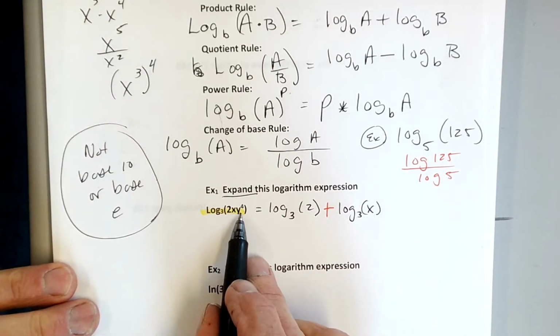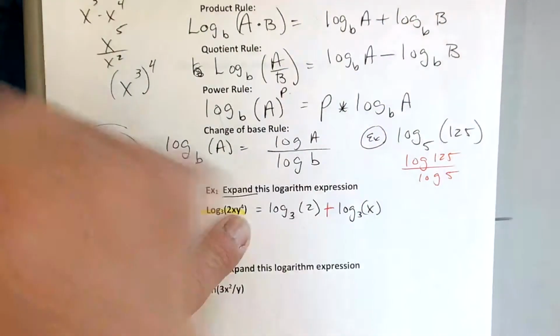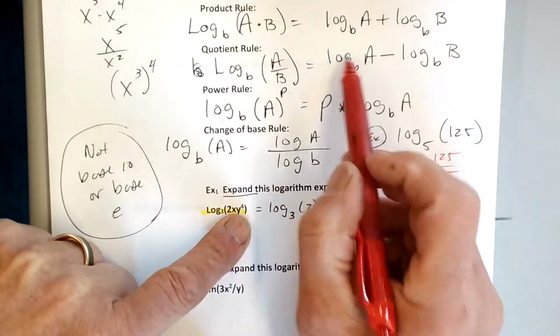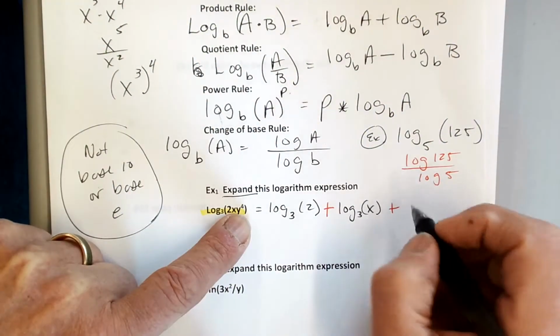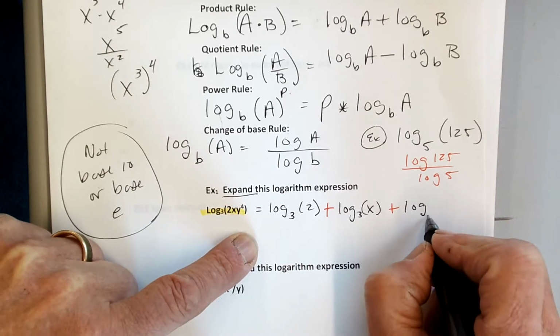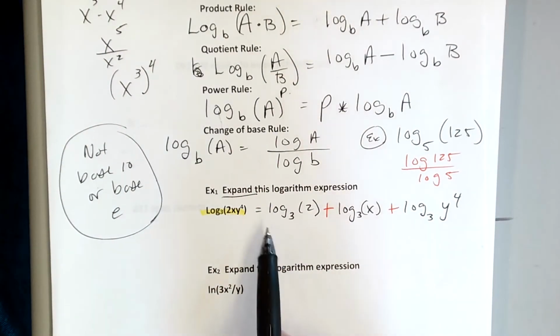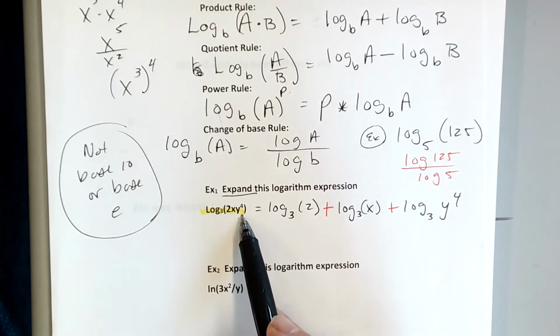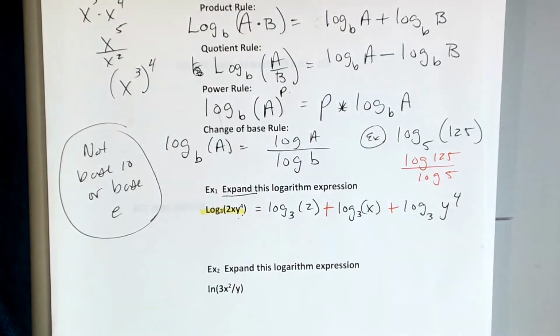So 2xy is 2 times x times y, but when we multiply things, go up to our rule. What do we do? We add them. Plus log base 3 of y to the 4th. So where I see multiply, I separate or expand it by plus signs.